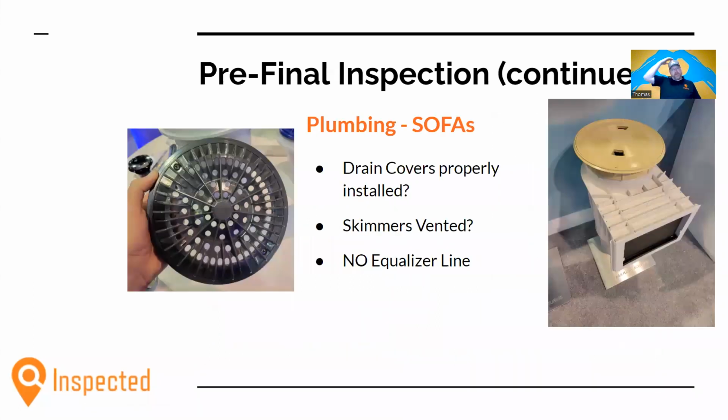Next, we're going to look at your plumbing suction, submerged suction outlet fitting assemblies, or SOFAs. The drain covers that we mentioned earlier must be properly installed. I want to see shiny screws in the top of those fittings. And the skimmer needs to be vented. The holes in the top of that skimmer lid aren't just to stick your fingers in and take it out.